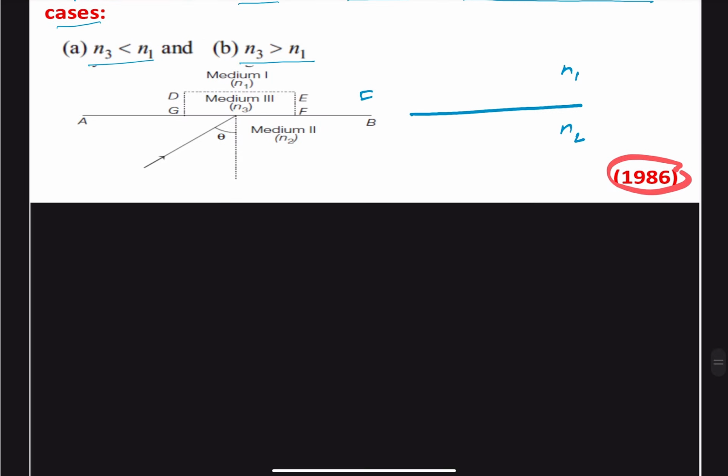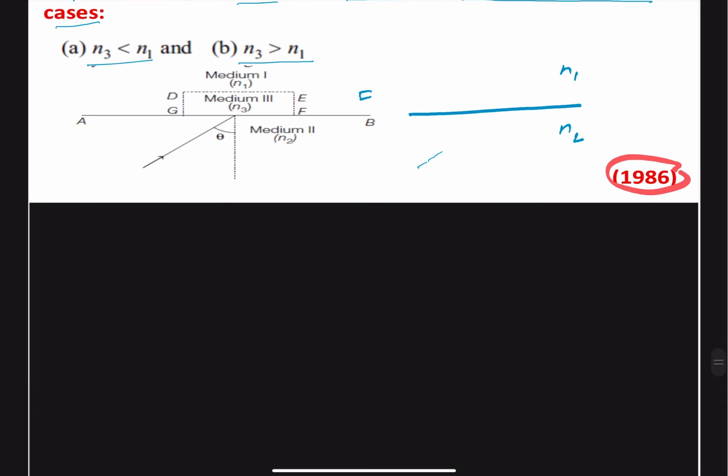In the first case also, it will be going something like this, and the angle is given as theta. Now in the second case, a medium of refractive index n3 is introduced between them, and the ray is now incident at the surface between the glass and AB. So these are the two cases, and we have three media now.